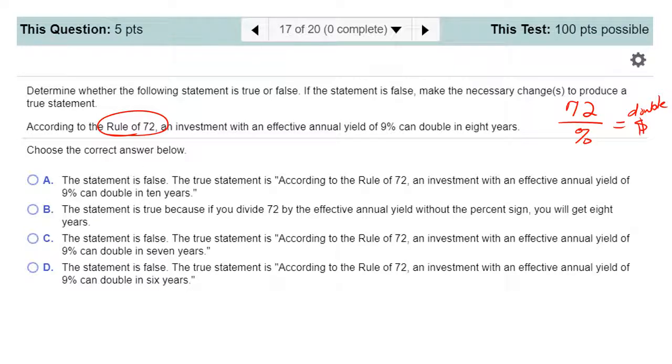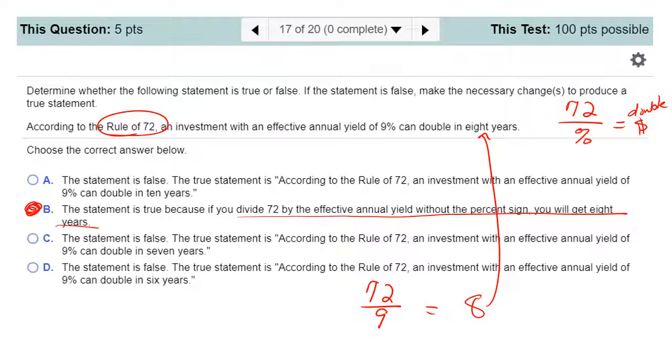So in this question, I have 72 divided by 9, and if I divide that, 72 divided by 9 gives me 8. This is indeed the 8 years that they say will take to double your money. So this statement is true, because if you divide the 72 by the percent, you get 8 years. Question answer is B.